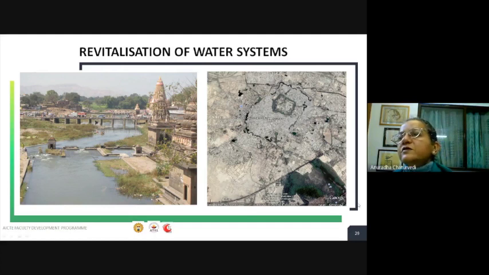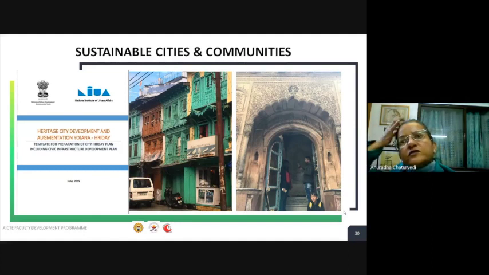On the right side, you can see the layout of the Keoladeo Ghana bird sanctuary, which is a World Heritage Site, and its relationship as a wetland with the Bharatpur town, which is a fortified town with a moat and a citadel, again with a moat. So it is only through a proper study and understanding of the hydrology of the place that it is possible to understand how these water systems can be revitalized and integrated into the master plan of today.